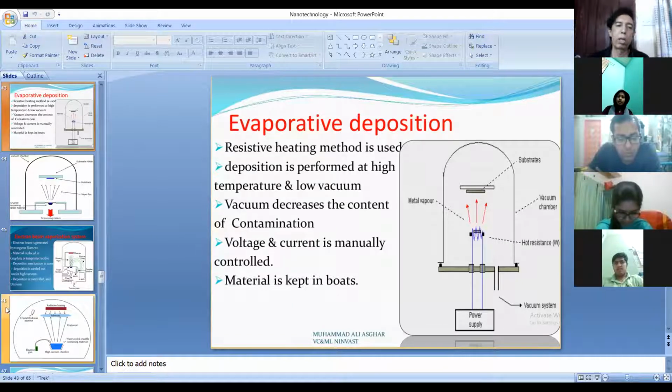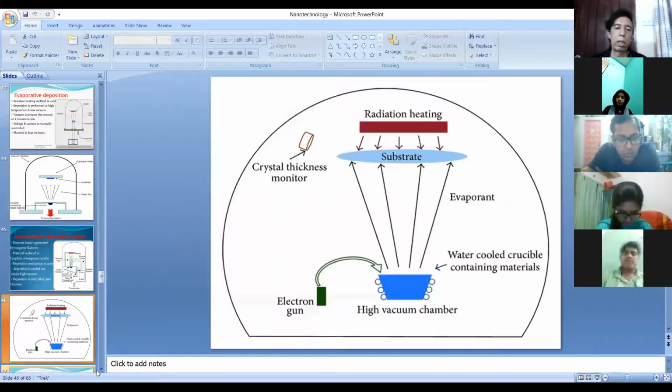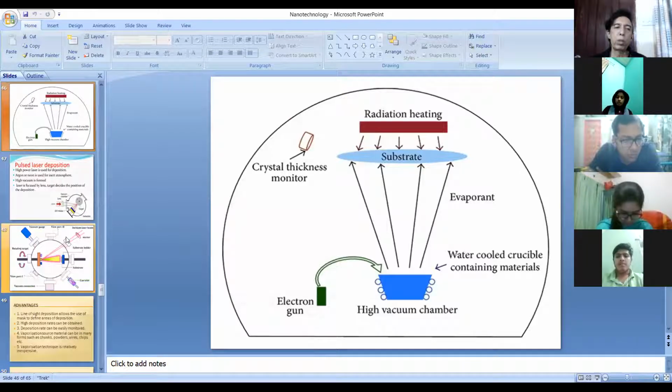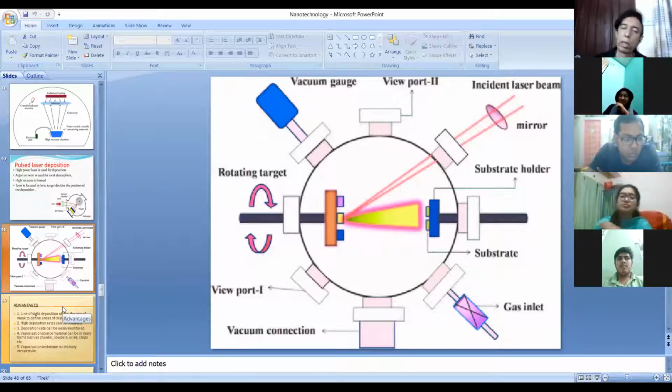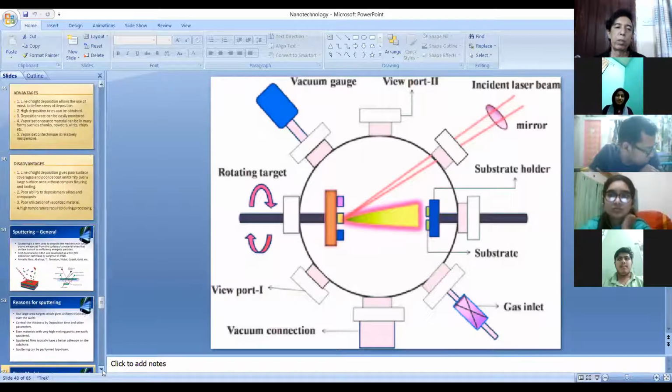But electron beam deposition or pulsed laser deposition is very expensive, but you will get a very good quality thin film from pulsed laser deposition or electron beam deposition, and you can get complex films also from pulsed laser deposition.